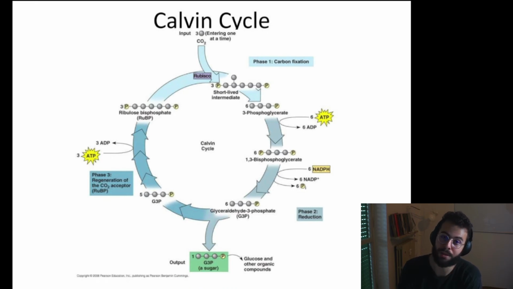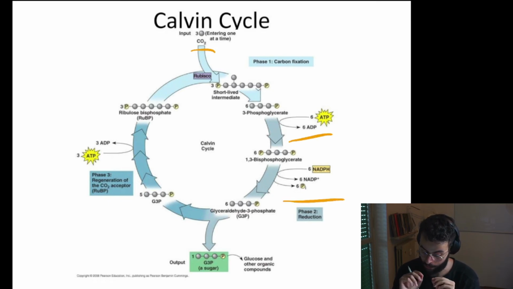We're going to wait for another cycle, because only when we have 2 pGALs are we going to be able to combine them to form sugar. So 1 Kelvin cycle is basically going to take half of everything I just talked about. So 3 carbon dioxide, 6 ATP and 6 NADPH, which is really important to remember. So in total, in order to create 1 glucose molecule, we are going to need double what you see here.